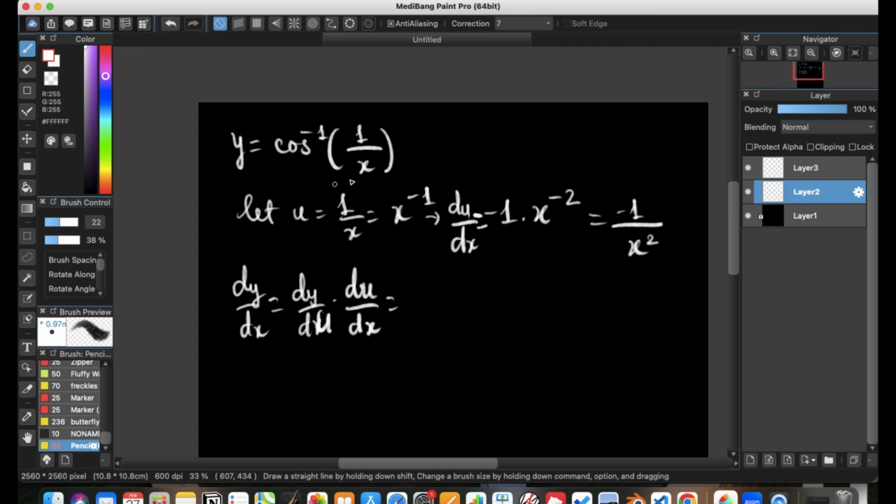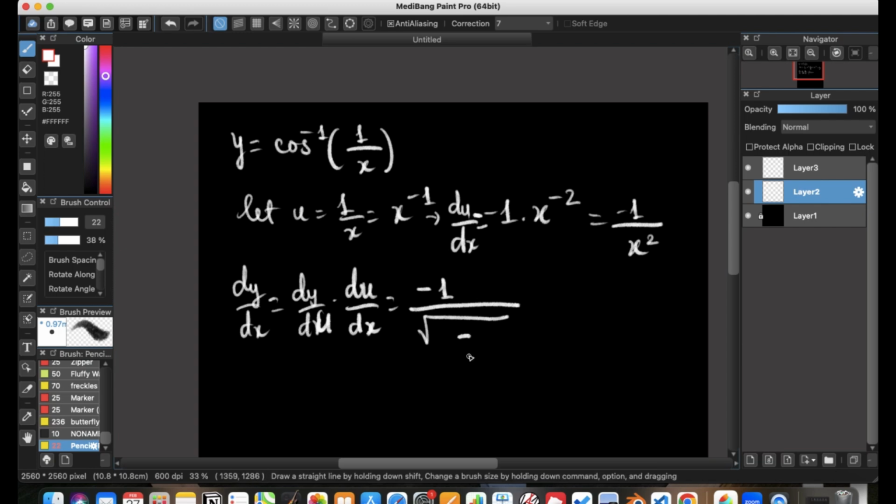And dy over du, because this is inverse cosine, right? So you see the c here. So for cosine, obviously we need a minus sign first. And now, for cosine, you see an s here. There is a square root involved.